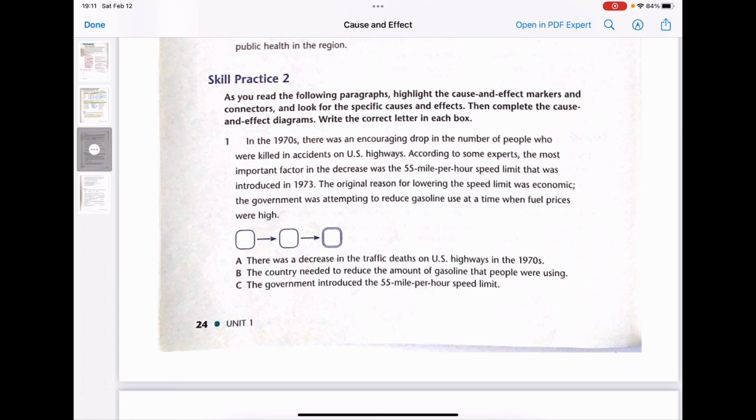What came first, what came second, and what came third. Now, it's going to be really important for you to highlight some cause effect markers in this paragraph so that you understand what the relationship is between the ideas. And keep in mind that it's not always going to be the cause first and then the effect. It might be a little bit different order.